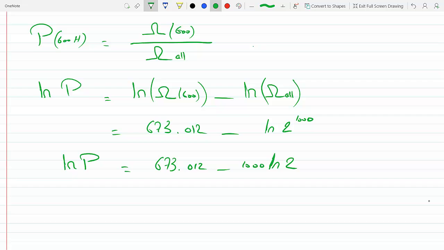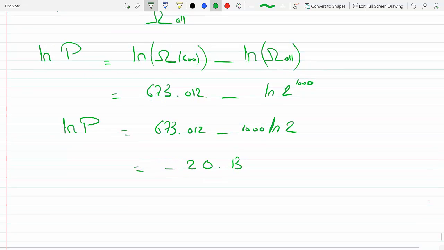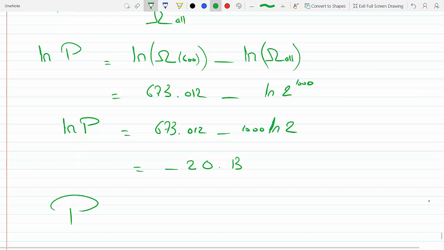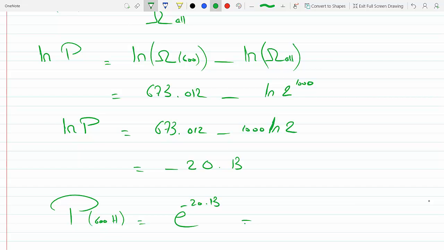So I get here minus 20.13, and so the probability of getting 600 heads will just be e to the minus 20.13, and any calculator should be able to handle this.